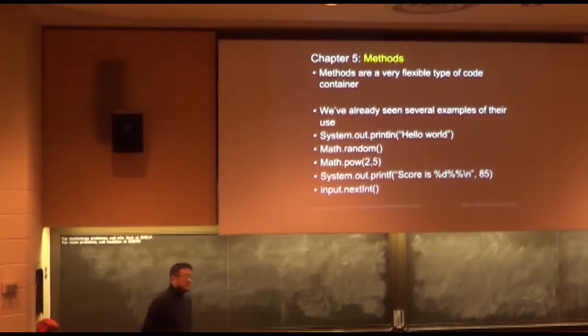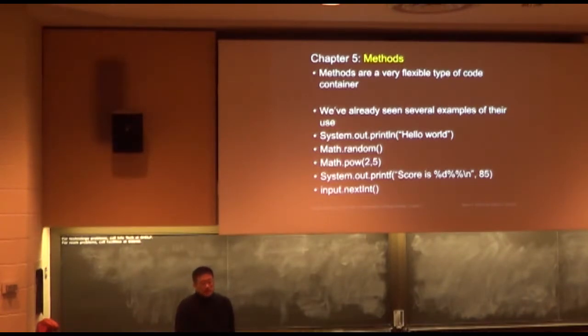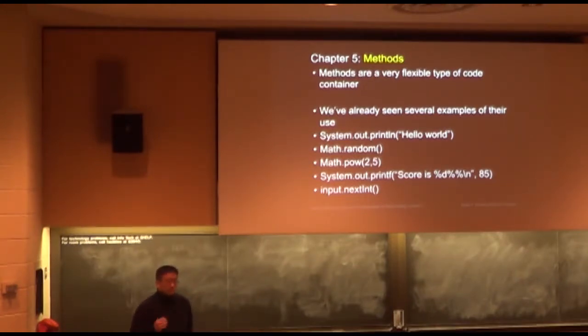But I haven't made an effort to formalize their usage because it's a topic I've been pushing off until now. When you write System.out.println, we have this word that has parentheses after it. I've called that a method or a function. These are methods, and you've already been using them, but now you're going to learn how to write your own.